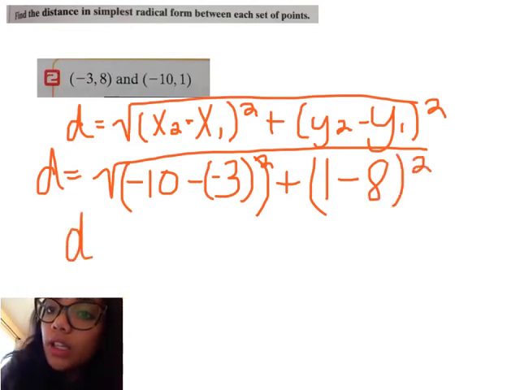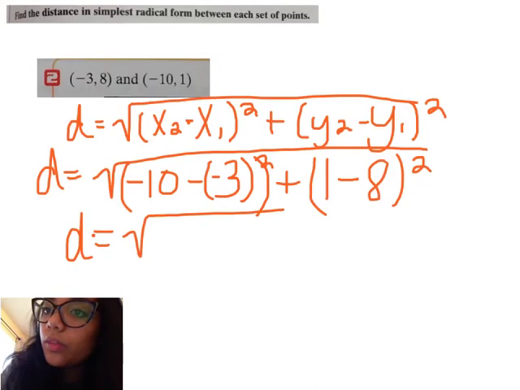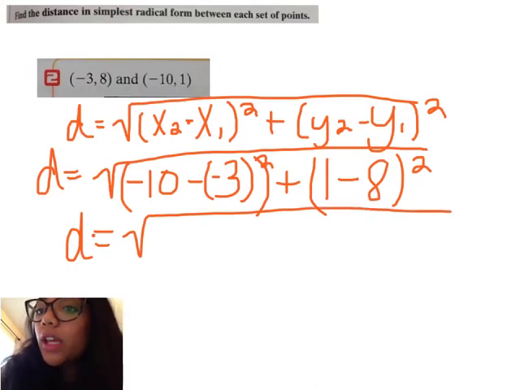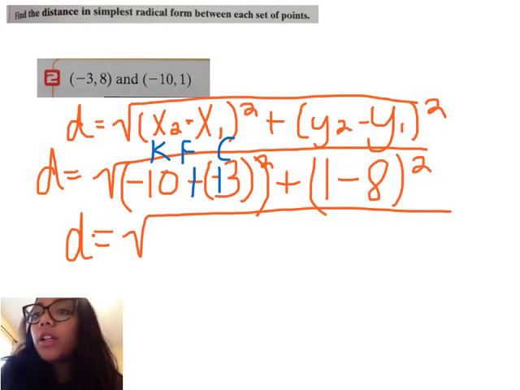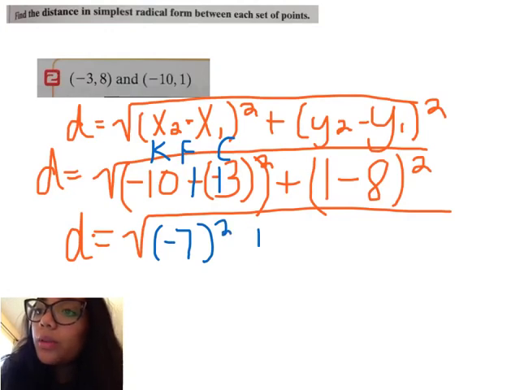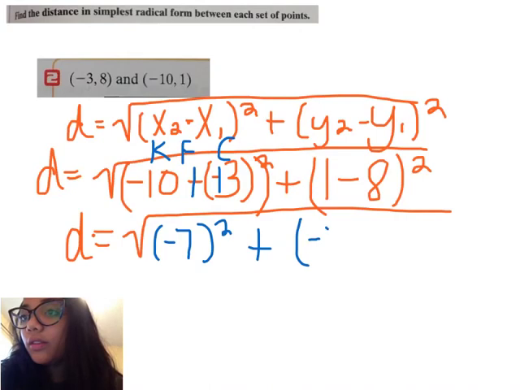So distance equals the square root of negative 10 minus negative 3, you have to do keep, flip, change. Negative 10 plus positive 3, same signs add, different signs subtract. You take the sign of the larger, 10 minus 3 is negative 7 squared, plus 1 minus 8 is negative 7 squared.